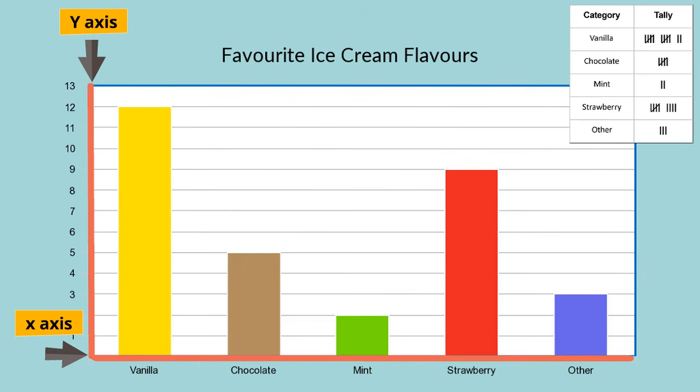The way to remember this is a capital Y is a tall letter, so it's the tall line, whereas an X is not tall, so it's the not tall letter. When you're drawing your own graphs, you'll have to draw the X and the Y axis yourself.